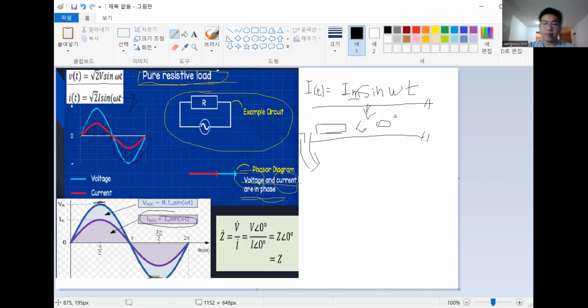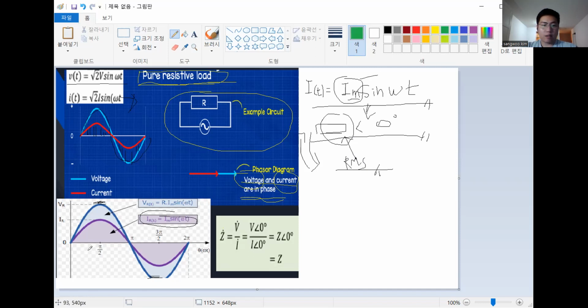Here I said peak value, but for the phasor I will say RMS value. So be careful about this.